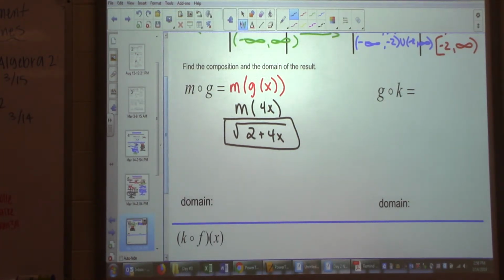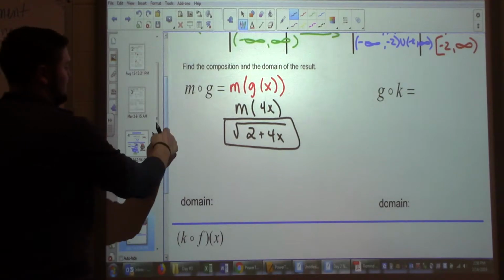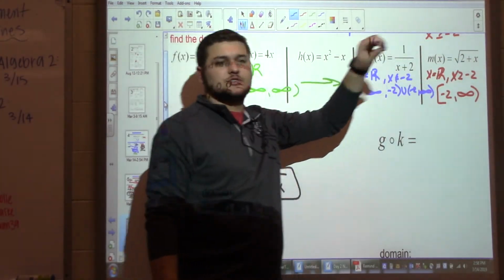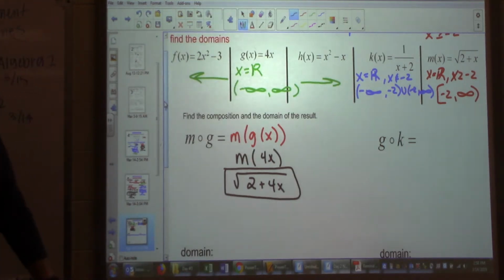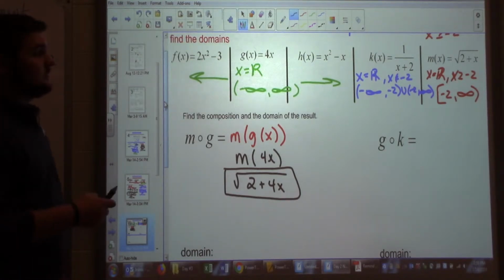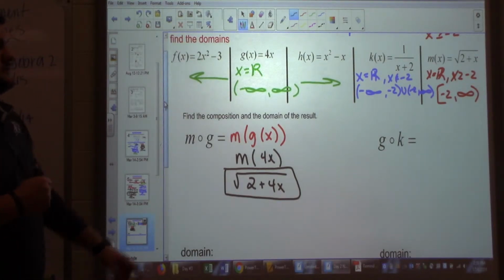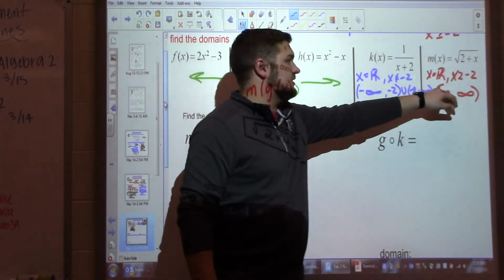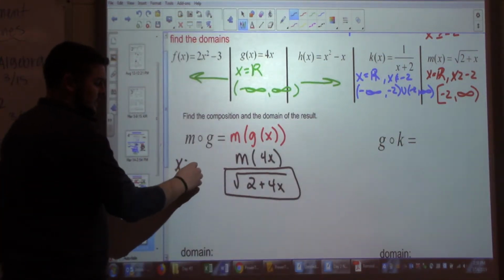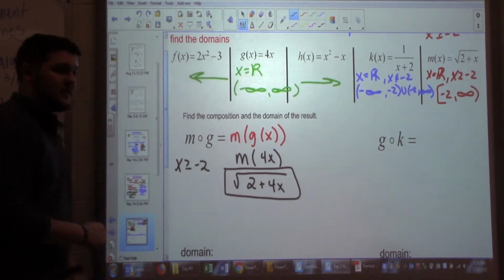Now, in reference to domain, if I look back at those original functions, M and G, do I have any restrictions from those original functions? Yeah, I do, Colton. Which one is it? X can't equal -2. Or the radical. Is it can't equal or is it greater than or equal to? So, X is greater than or equal to -2. That's a restriction.